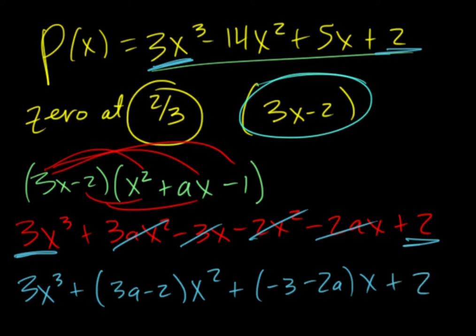Okay, what we're going to do is compare the coefficients. 3 and 3 don't help us, 2 and 2 don't help us, but 3a minus 2 corresponds to -14, and -3 minus 2a corresponds to 5. Alright, now we only need to use one of these, so I'm just going to get rid of the bottom one.